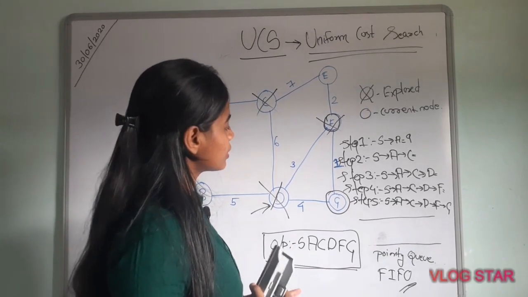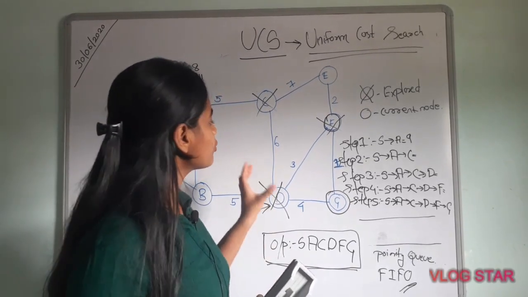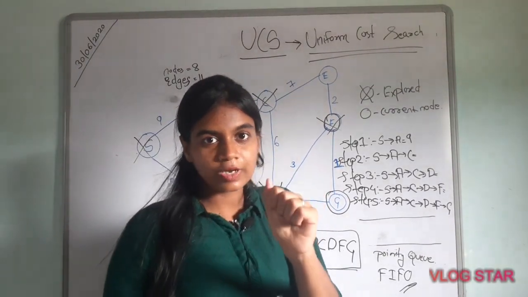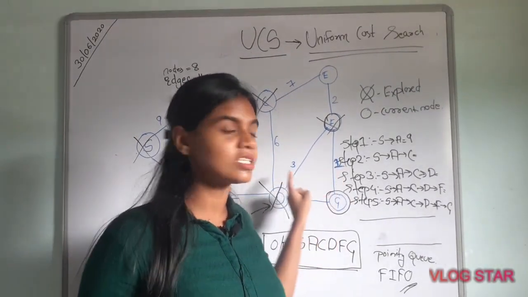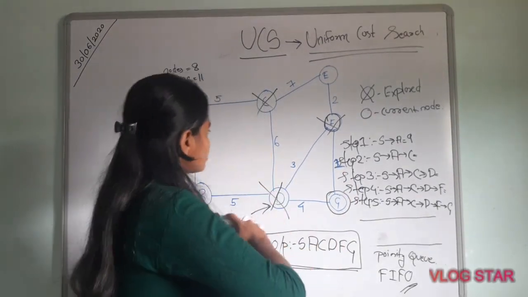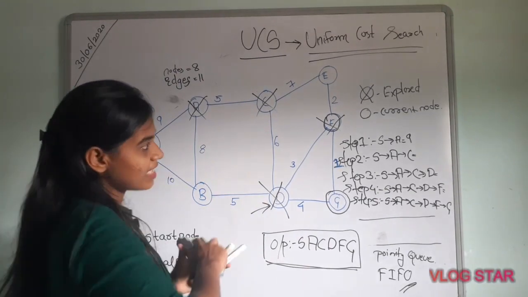Now in uniform cost search, we have to find the cheapest path from S to G. So we have to calculate all the weights and find the value of the nodes. S to A is 9.